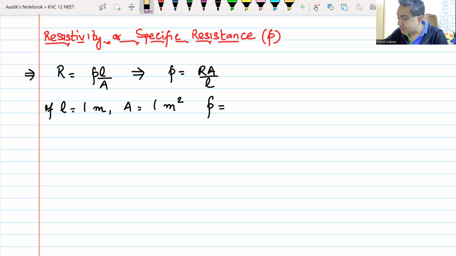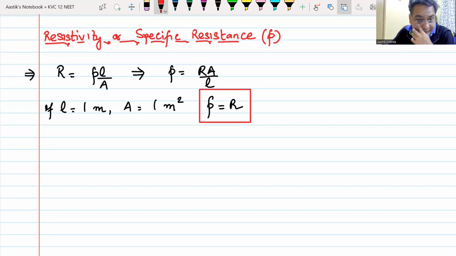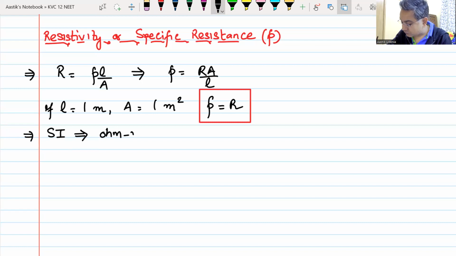Do we understand this? Yes, sir. Okay, from here you can find out the SI unit of resistivity. What will be the SI unit of resistivity? That will be equal to ohm meter.